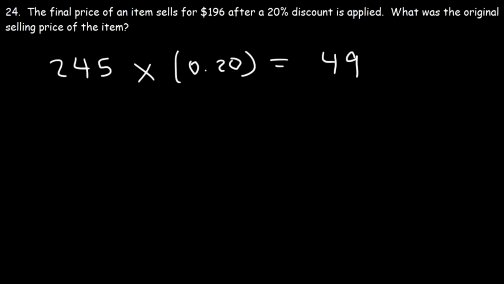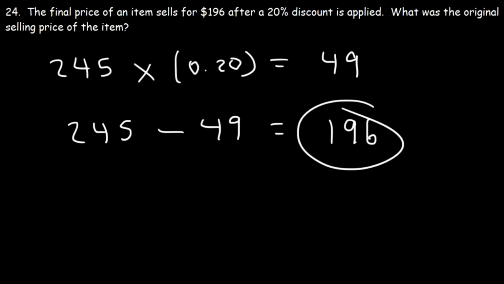So that means the discount is $49. So the final price is 245 minus 49. And this will give us the final selling price of 196, which means the original price is 245 before a 20% discount is applied. So this is the answer.